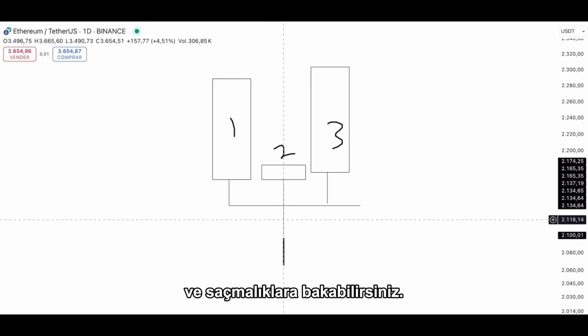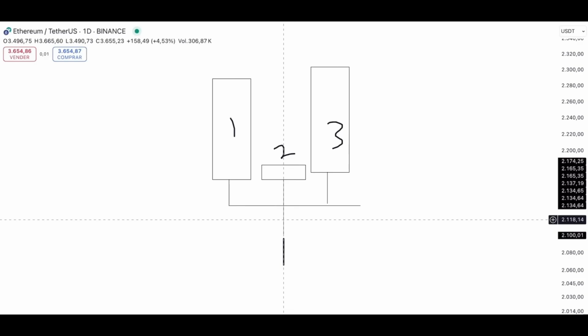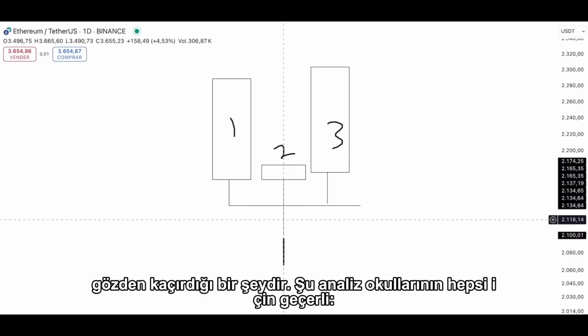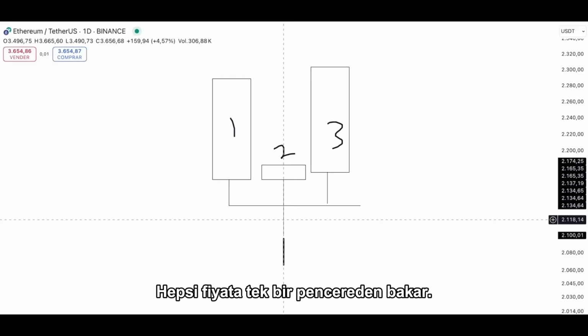And this is something that many people, even some so-called smart money traders, for certain, this applies to all schools of analysis. Elliott Wave, Wyckoff, supply and demand, classical analysis. They look at price through one lens.